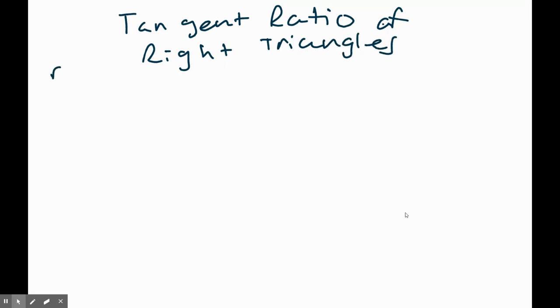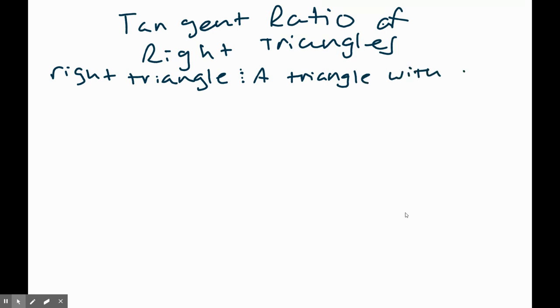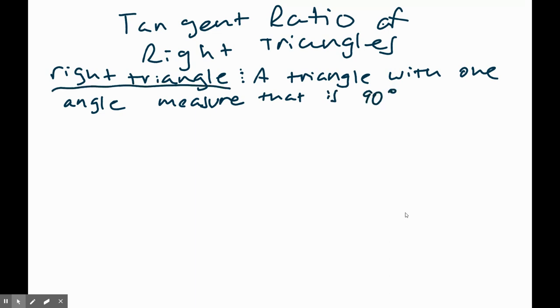And before we start, a right triangle is a triangle with one angle measure that is 90 degrees. And that's going to look something like this. Just a normal triangle with this square right here that indicates 90 degrees.